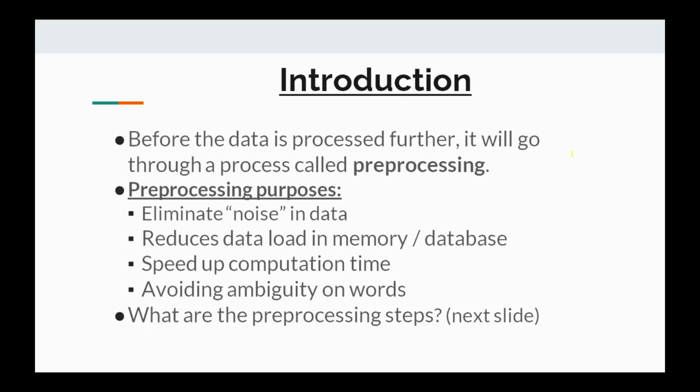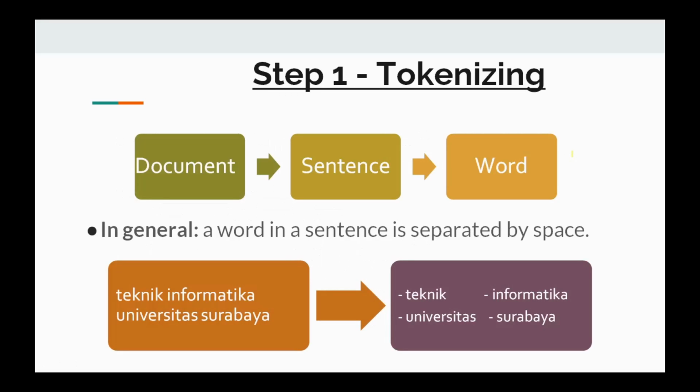And the second example is karang yang ada di laut itu sangat besar, karang in that example is a noun. This depends on the usage in the sentence. Okay, this is the first step in pre-processing.